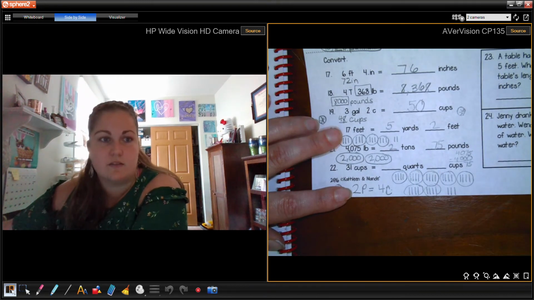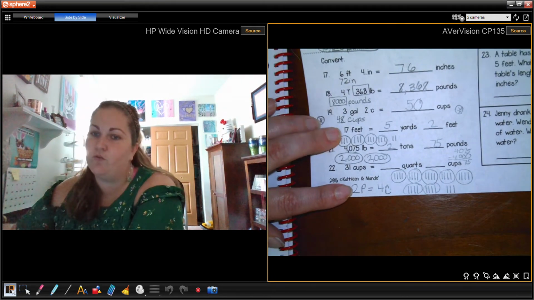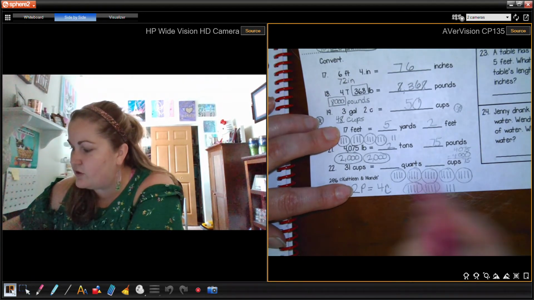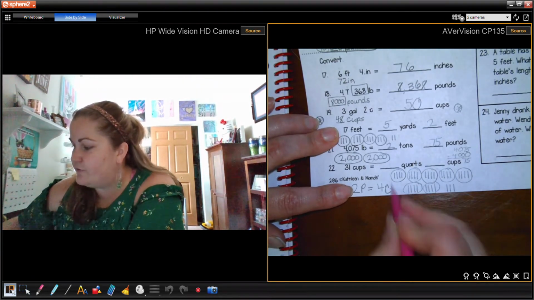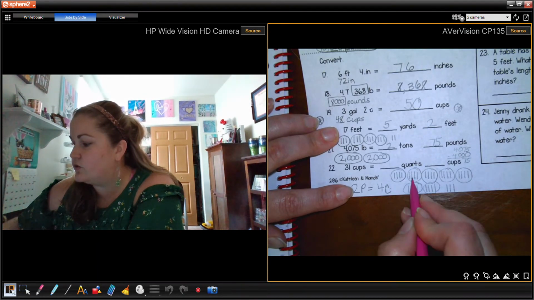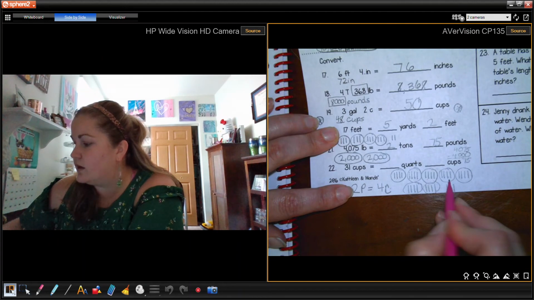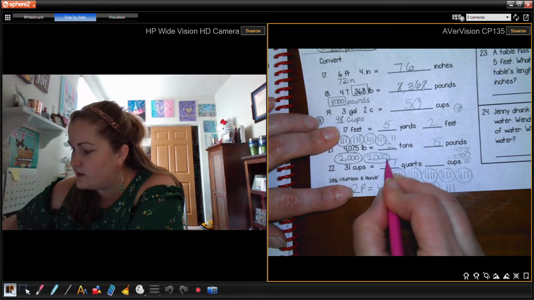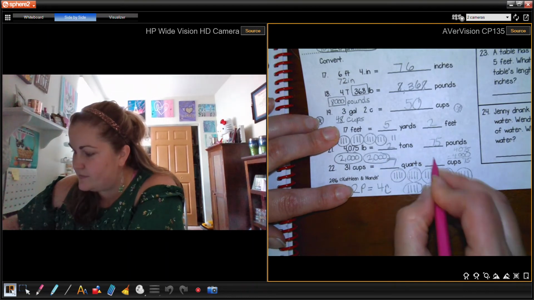I already knew my answer once I realized, oh, I'm just taking 4, making a group, taking 4, making a group. So these are my 31 cups, and every 4 cups I make a quart. So that's 1, 2, 3, 4, 5, 6, 7 whole quarts and 3 cups.